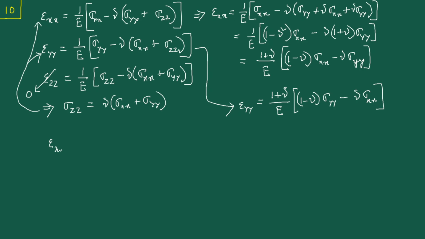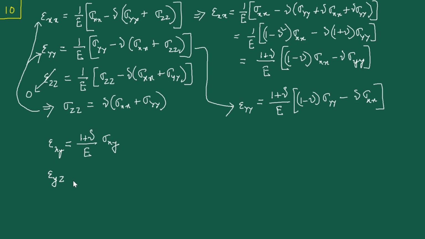Epsilon xy is equal to 1 plus nu by E. So basically this is 1 by twice G, that is sigma xy. So you understand that because in the plane strain condition, the epsilon xy in general is not 0, so sigma xy is not going to be 0.